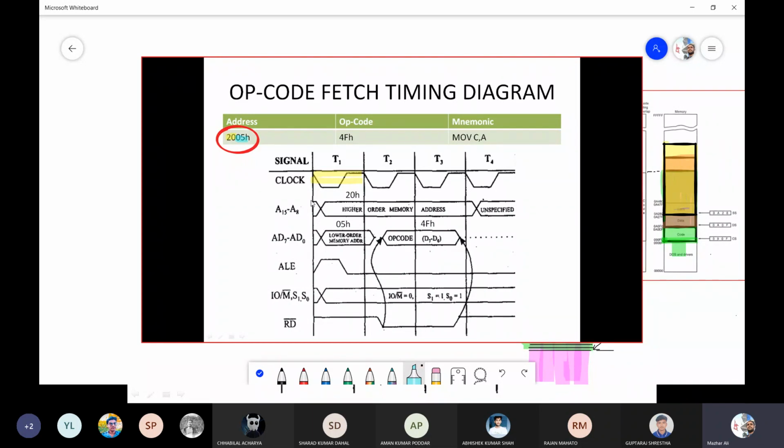So in A8 till A15, I will highlight that it is carrying 20 over here. 20 has been written over here to indicate this crossover event, please pay attention.